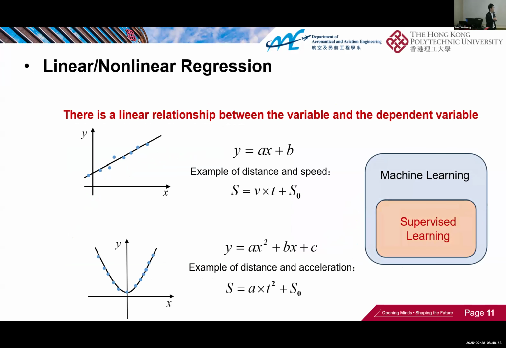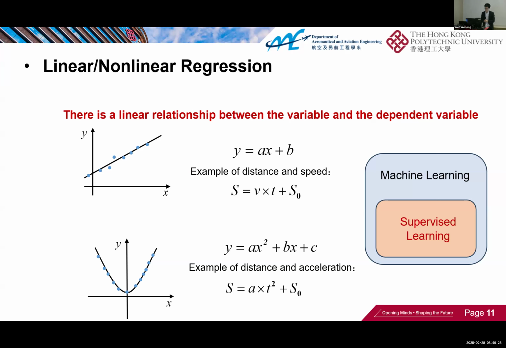Mathematically, if you want to fit those data, this is a naive example for linear and quadratic functions. Later in practice, the problem can be much more complex. Here we only have two parameters, but in practice the number of parameters can reach 10 or 20. For a linear case, y equals ax, where a is the gradient.